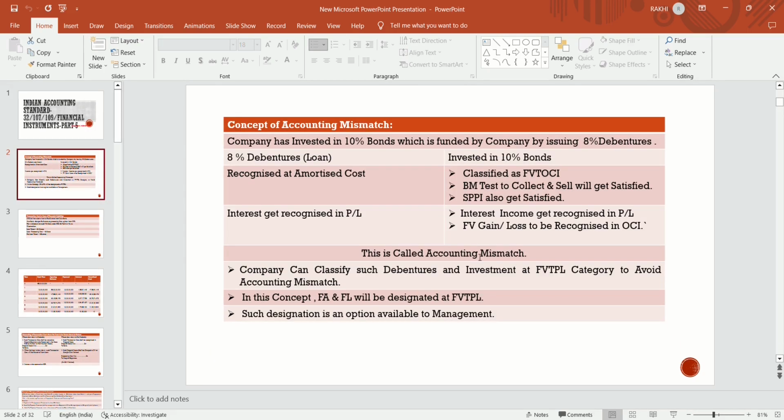Concept of accounting mismatch in this standard. What does it mean? Like a company has invested in a 10% bond.